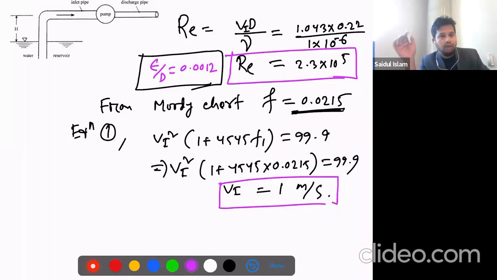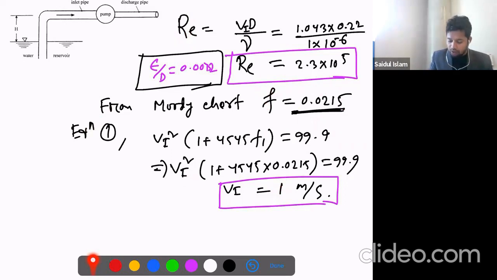Like you see, initially we got the velocity from the assumptions. Then by using that value, we calculated the Reynolds number. And using this Reynolds number in the Moody diagram, we got this friction factor. Now we are using this friction factor to calculate the velocity. We got this velocity.